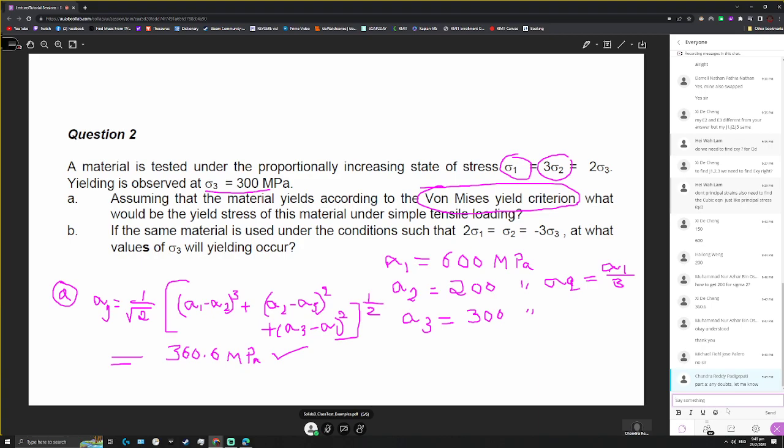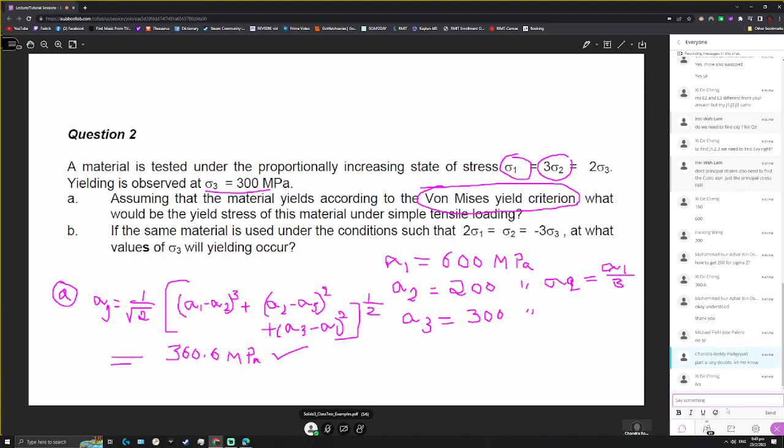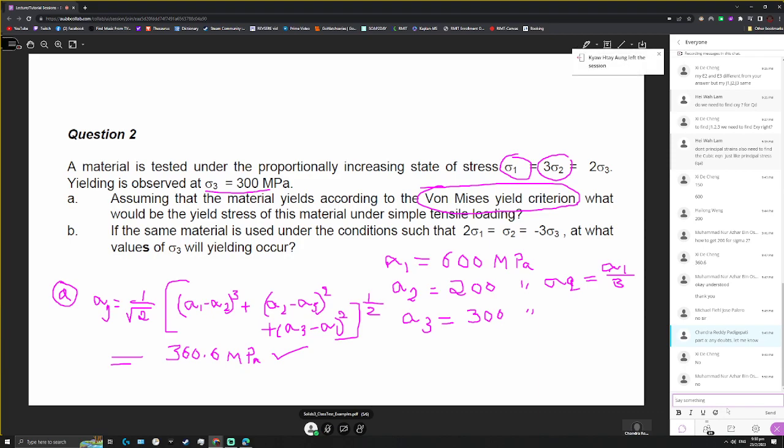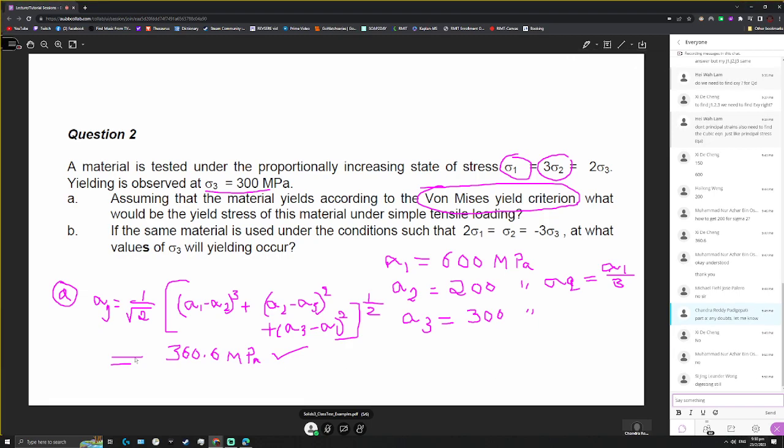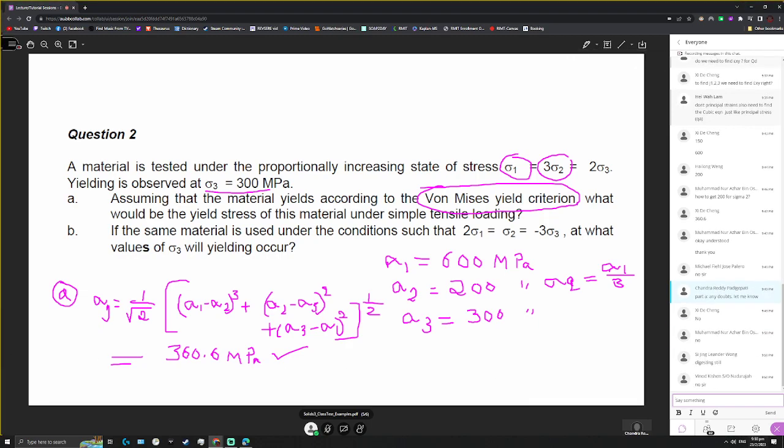Okay, Michael says no doubts. How about others? Oh, all right, Dicheng. I only get responses from 4 or 5 consistently, so the remaining 25 students are silent. It will be nice if others also respond. All right, Leander and Vinod.